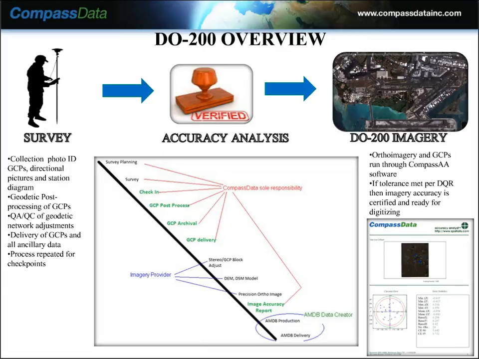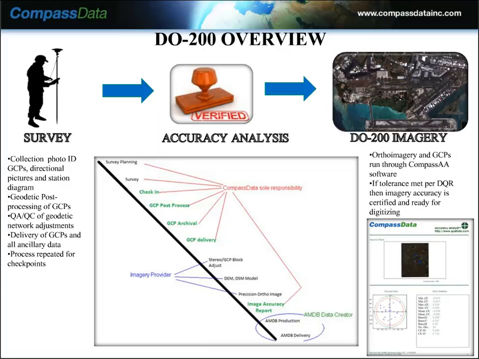So our certification is, as I said, unique in that we set up with the survey side being the thing that is testing everything, right? So we go out to an airport, we collect photo identifiable ground control points, we do the directional pictures, station diagrams, we do the post-processing, the QA, QC, delivery of the GCPs and the data, the metadata associated with it, and then we repeat that for the checkpoints that are used for the accuracy verification.